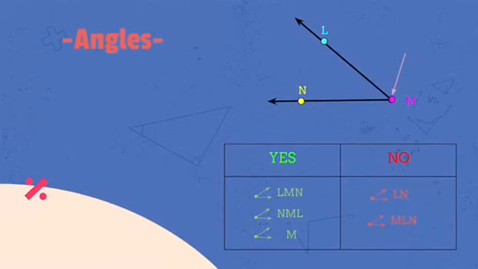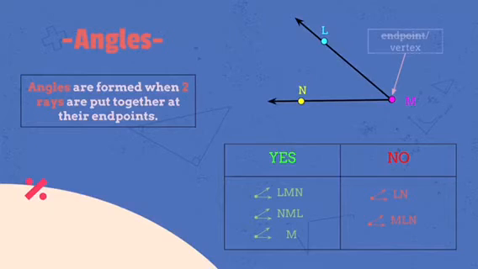Now, we'll take a look at this concept, angles. Angles are formed when 2 rays are put together at their endpoints. So remember what rays were. They had one endpoint and went on forever in the other direction.